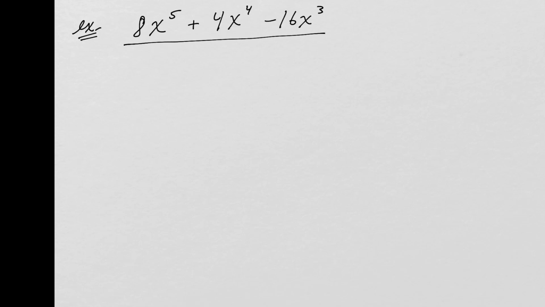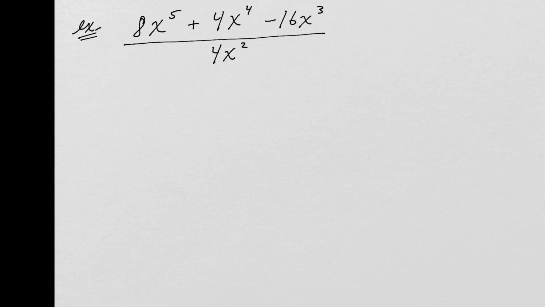Okay, let's do a bunch of these just for practice. Let's say I have 8x to the 5th plus 4x to the 4th minus 16x cubed, divided by 4x squared.